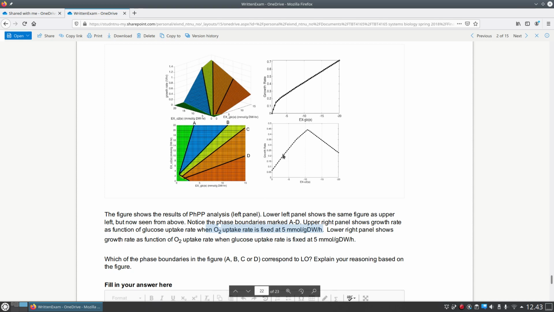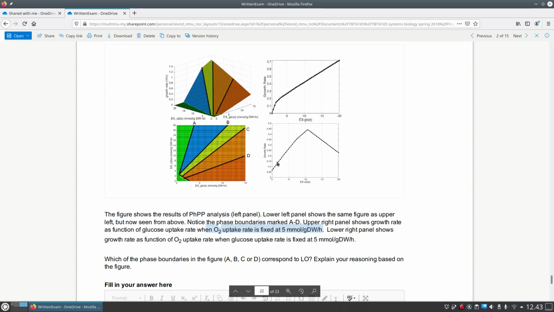We actually see that we don't see any clear bend that corresponds to the break between orange and red, and that is because the shadow price for oxygen is constant over these 2 phases. These are different, but the phases are still different because the shadow price for glucose is different between them.